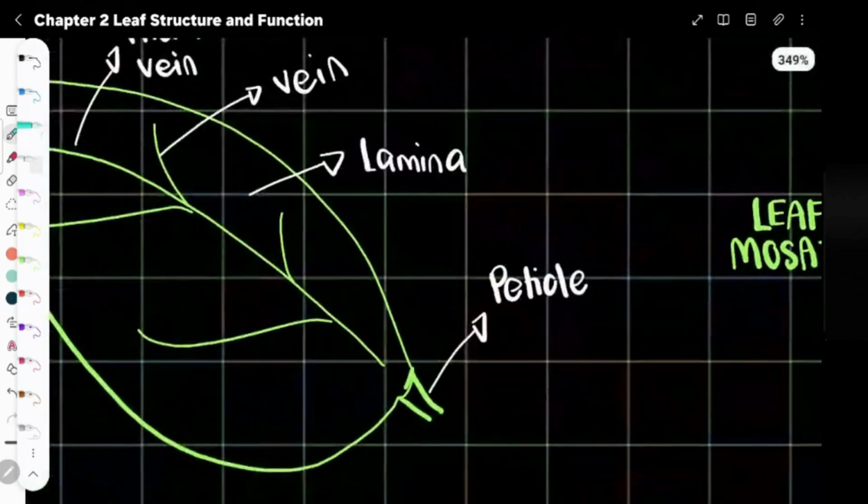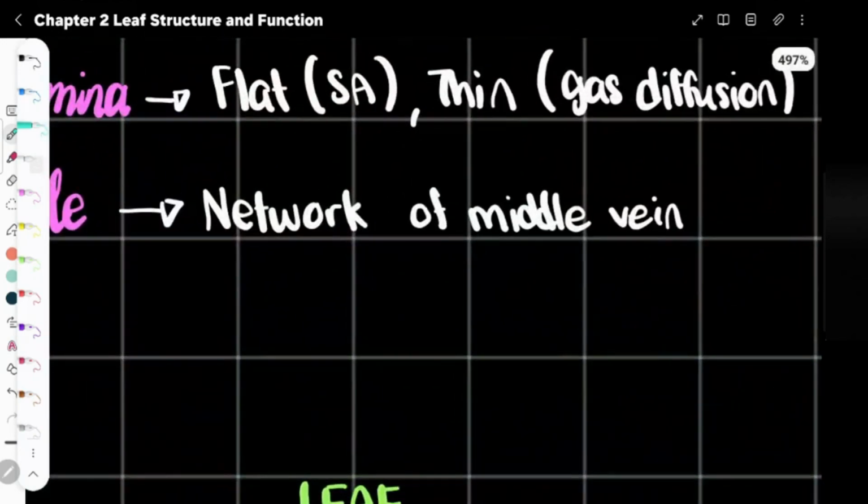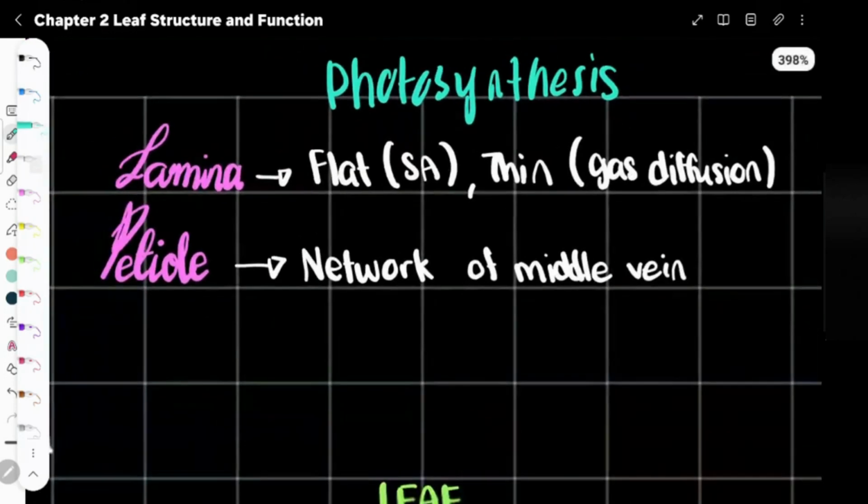Lastly, petiole. They ask you, what is the adaptability of petiole? What is petiole like? It has a network of middle vein, or network of veins lah. You can think of vein. So, so far, you probably think, ayo, there's so much information to remember lah. But if you study Form 4, they always ask you what is the characteristic of, for example, your bronchiole and also your alveolus.